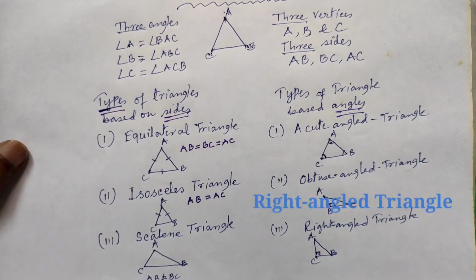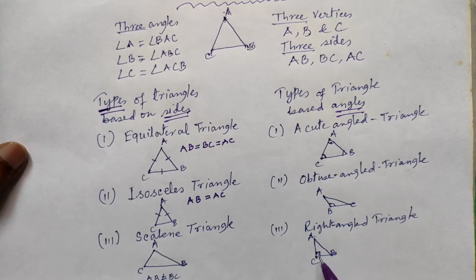In case of a right angle triangle, you have to understand that the name itself is saying that one angle has to be 90 degrees. Over here angle ACB, that is angle C, is 90 degrees. And we have written 90 degrees with a small box.